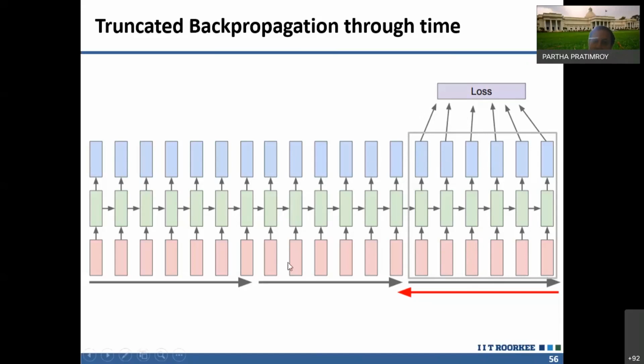Then again you consider 5 blocks and modify. That is called truncated backpropagation through time. So instead of the full unrolling, I will just consider a set of blocks, find out the loss, and then adjust.